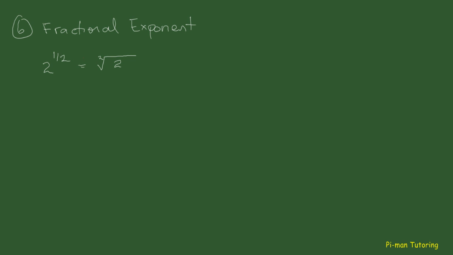And what you should notice is that the denominator of the fractional exponent becomes the factor here on the radical. So by similarity, if I wanted 2 to the power of 1/3, that would be equal to the third root of 2.